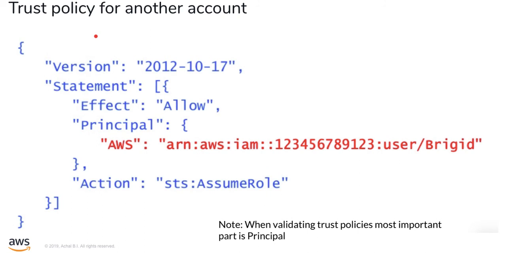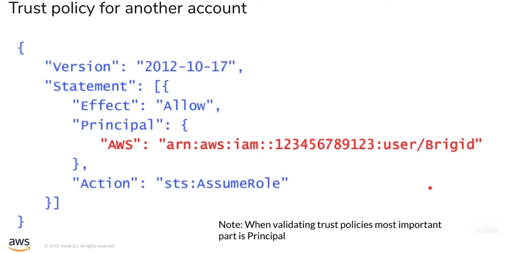So this is an example of a trust policy for another account. Here a user ARN is attached, and we are giving this user permission to assume the role. So in this case, the principal would have user slash the username mentioned here.